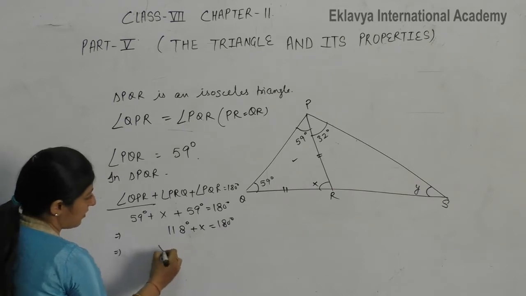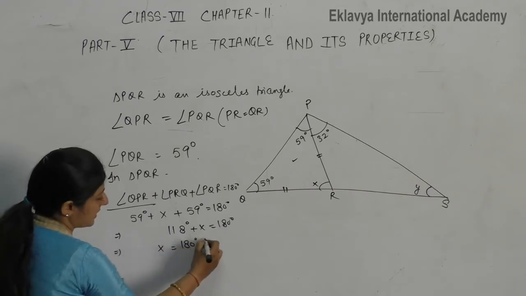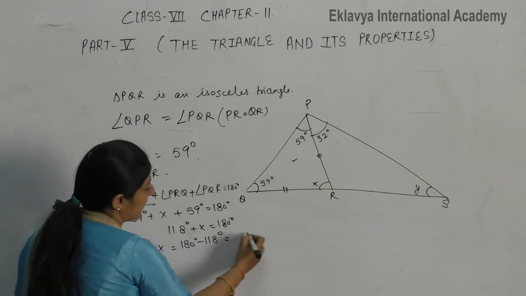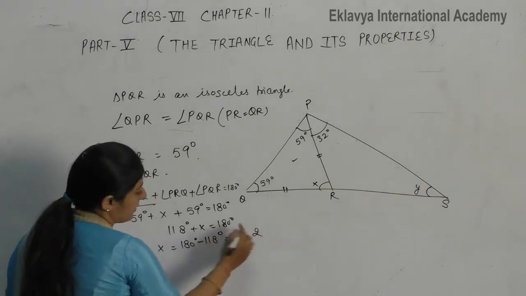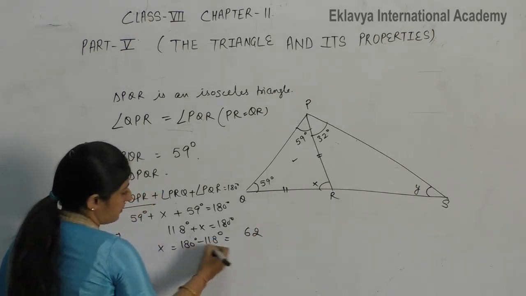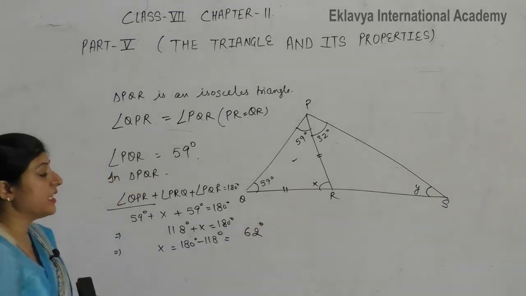Then what is the value of X? 180 minus 118 degrees, which is 62 degrees.